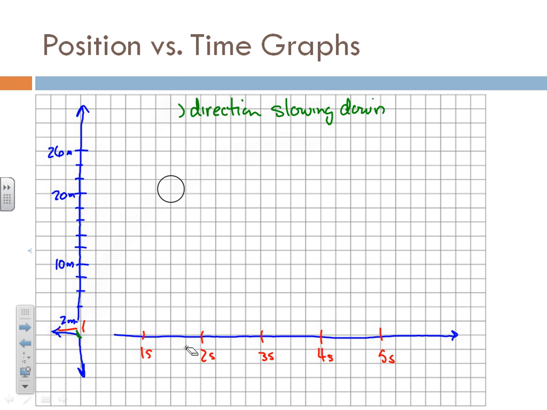So what about if we move in the negative direction? That would mean that as I go on my y-axis, my numbers should be getting smaller, going more in the negative direction. So here we're moving in the negative direction. And let's move in the negative direction and speed up.